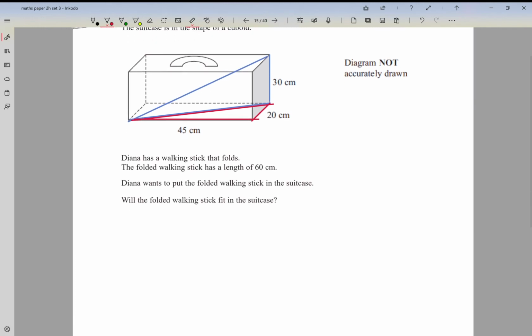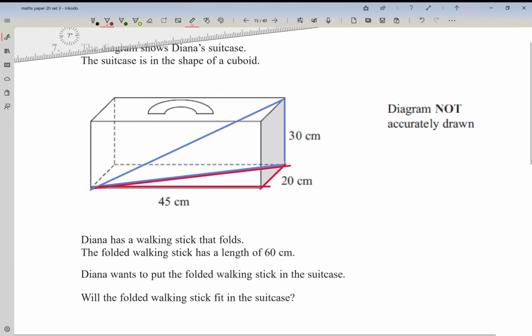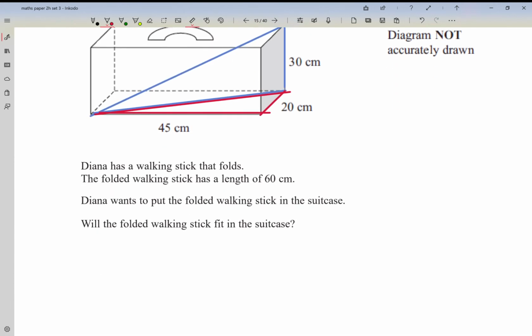So I'll stick with the red pen, and first of all we need the hypotenuse of this one. To find that, you'll be using a squared plus b squared equals c squared, and we're finding the hypotenuse, so it is that way round.